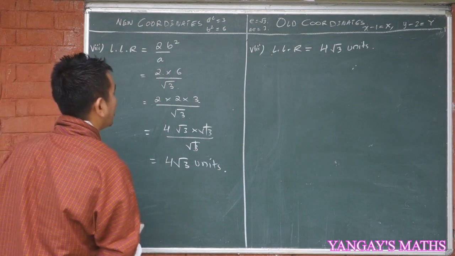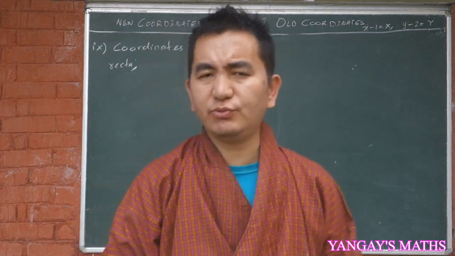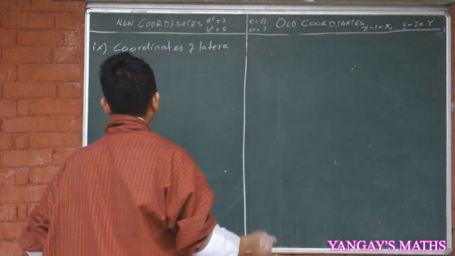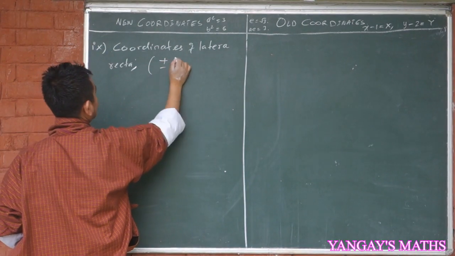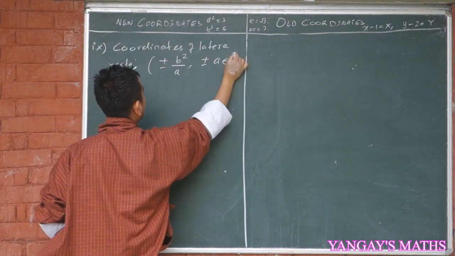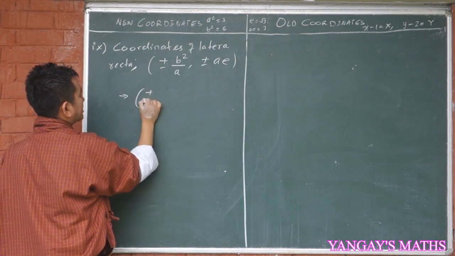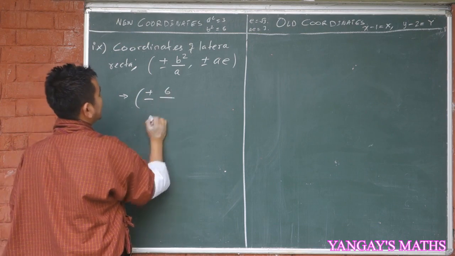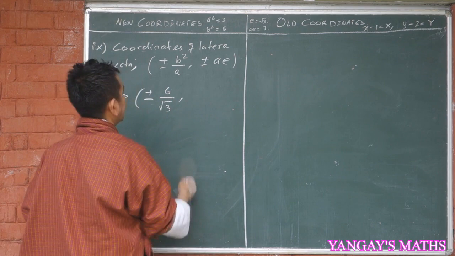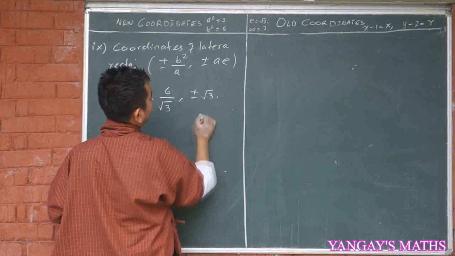Now the last one, we will do the coordinates of lateral recta. So here what will be the coordinates of the lateral recta? The focus lies on the y-axis. So this will be plus or minus b squared by a, comma, plus or minus ae. Is that correct? So which is plus or minus, what's the b squared value? 6. What's the a value? Root 3. Comma, then plus or minus ae. The a value is root 3. What's the e value?